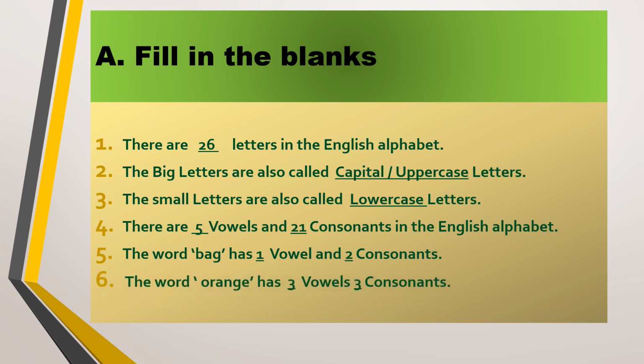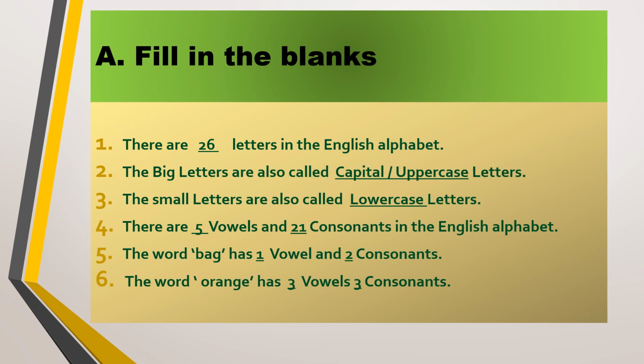The word orange has dash vowels and dash consonants. So how many vowels are there? O, A, E. 3 vowels. Consonants R, N, G. Okay, there are 3 consonants.